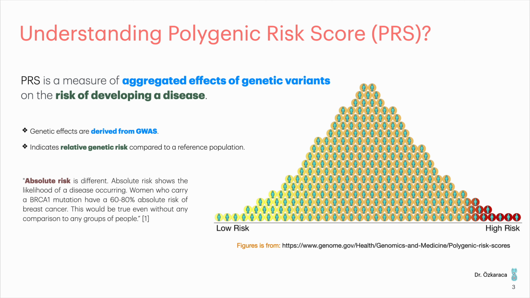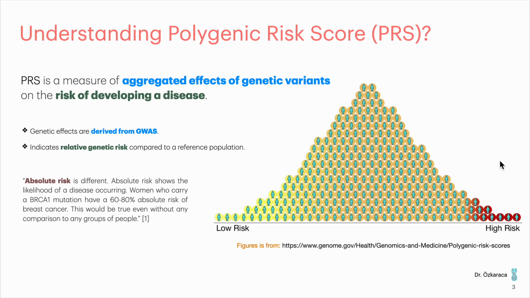What happens in general in polygenic risk score calculations is that we calculate the risk score for all individuals, which would give us a distribution of scores such as this one. And then we define low-risk individuals and high-risk individuals.